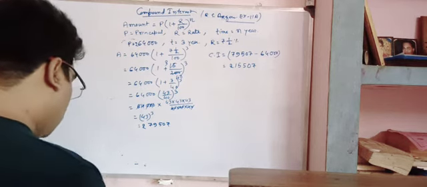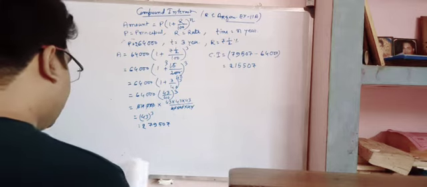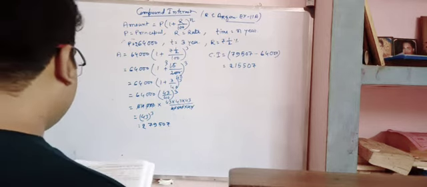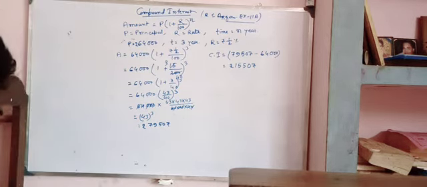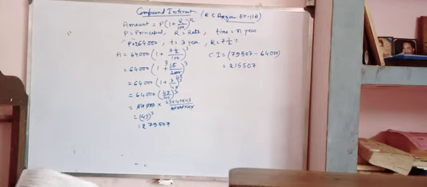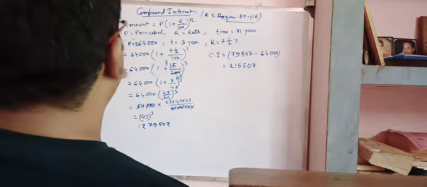This is the normal formula of compound interest. Next come to another formula.